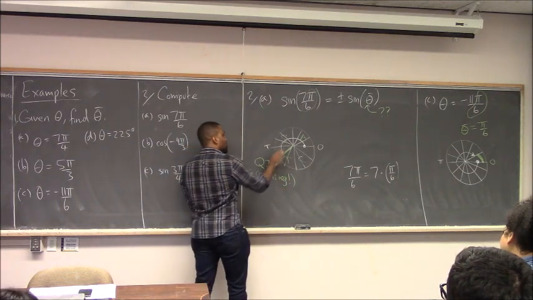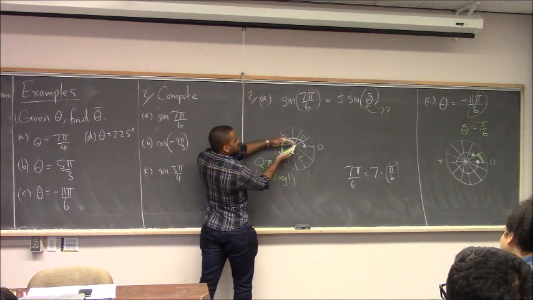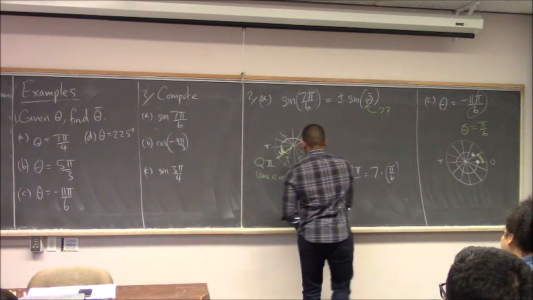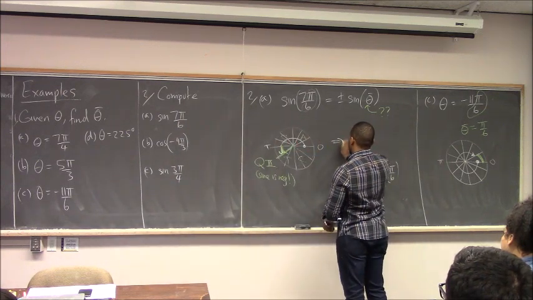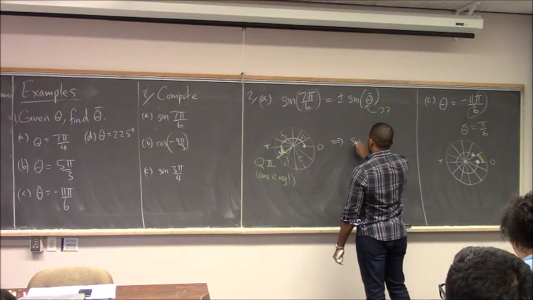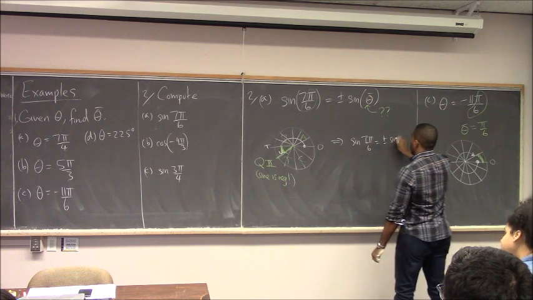We further know that this is the reference angle, which is a slice of size pi over 6. So hence I end up with the fact that sine of 7 pi over 6, well, this is just plus or minus sine of pi over 6.